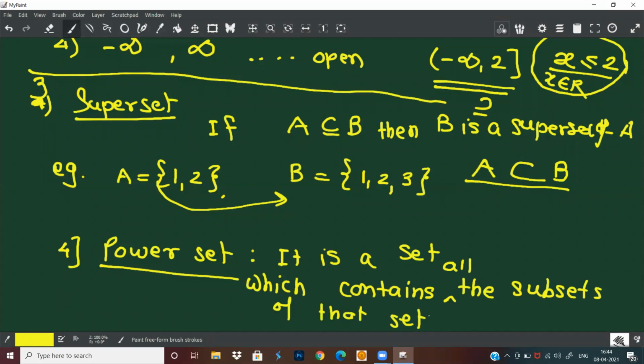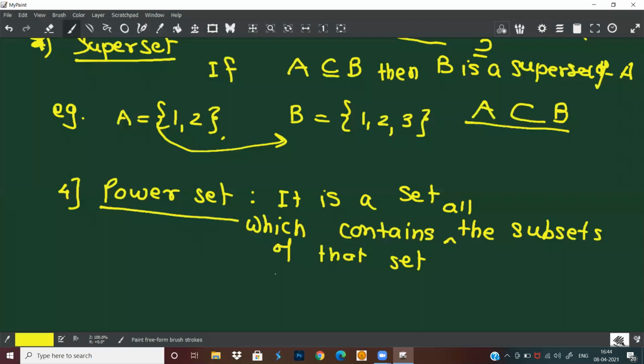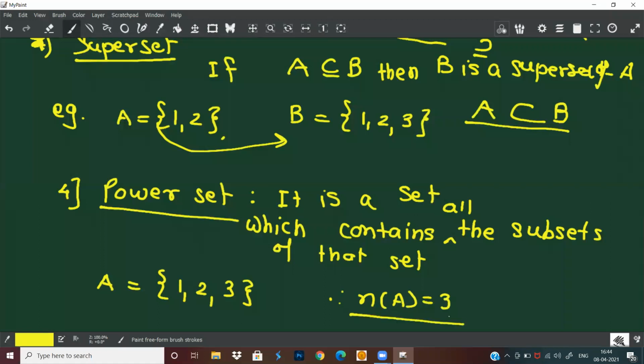I explain this with the example. Now, suppose if I have A as 1, 2, 3. So, cardinal number of A is 3. Means number of elements in A are 3.